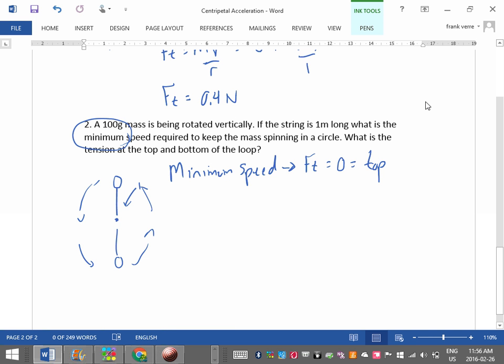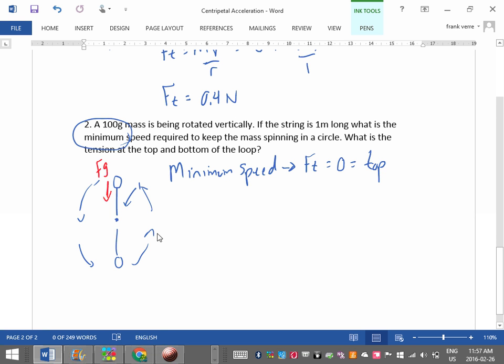That when you have something traveling, in this case with minimum speed, that means that the tension at the top is 0, because the only thing acting up here to pull it back towards the center would actually be gravity. That's what's acting to pull it down.